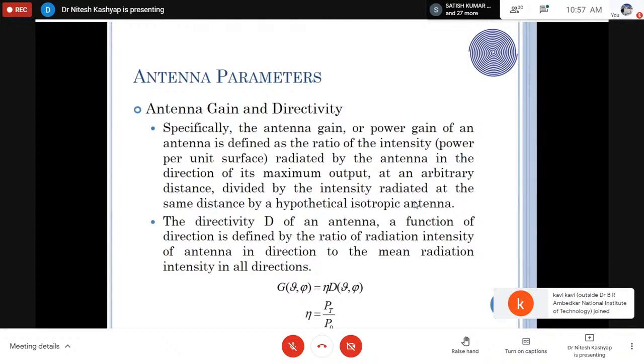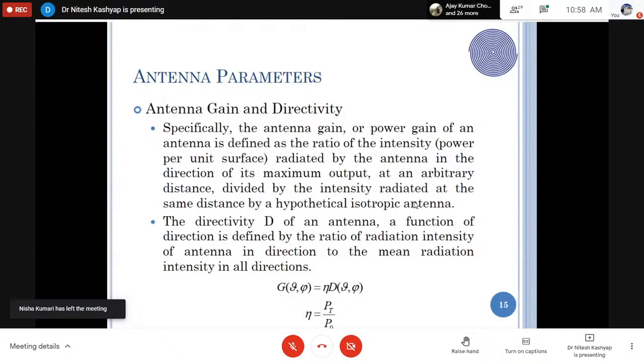And the directivity, as a function of direction, is defined by the ratio of the radiation intensity of an antenna in the direction of the main radiation to the radiation intensity in all directions. So we can relate gain and directivity with the efficiency: the gain is equal to efficiency multiplied by directivity.